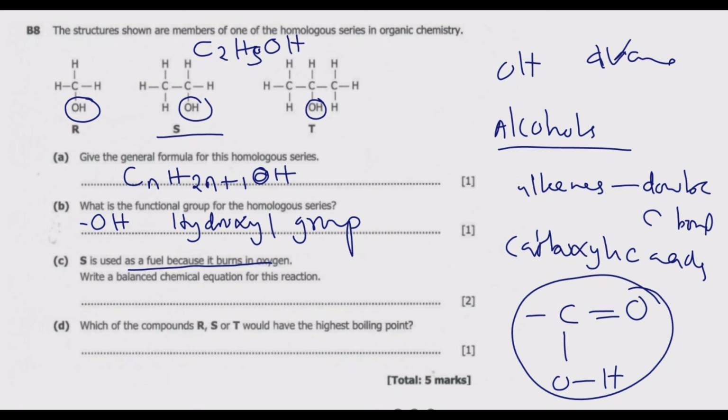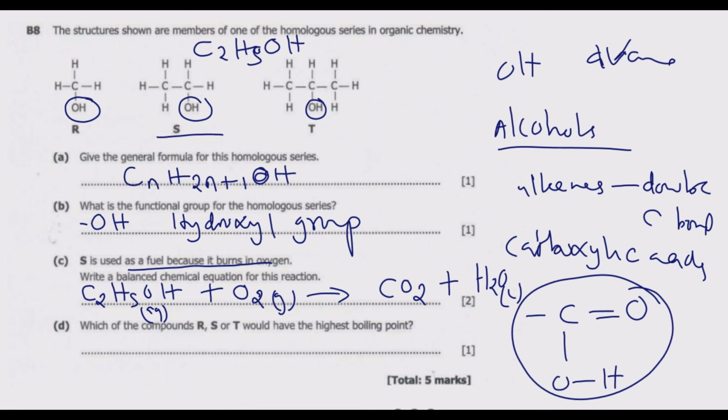So when we burn ethanol in oxygen, which is a gas, and the ethanol is aqueous or liquid, we are going to end up with carbon dioxide plus water as the products.